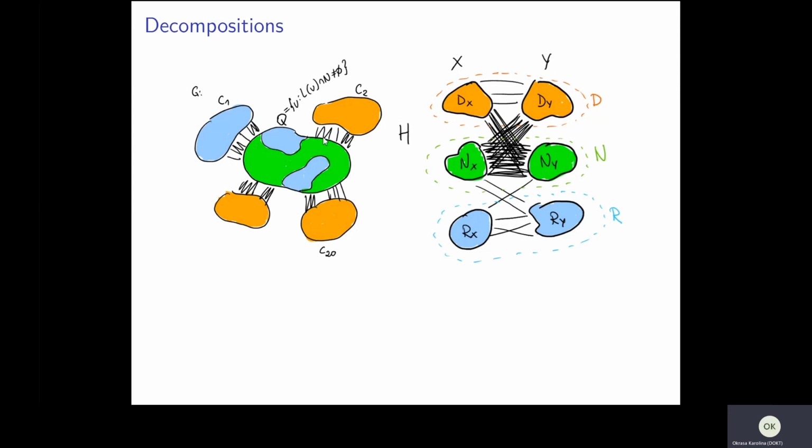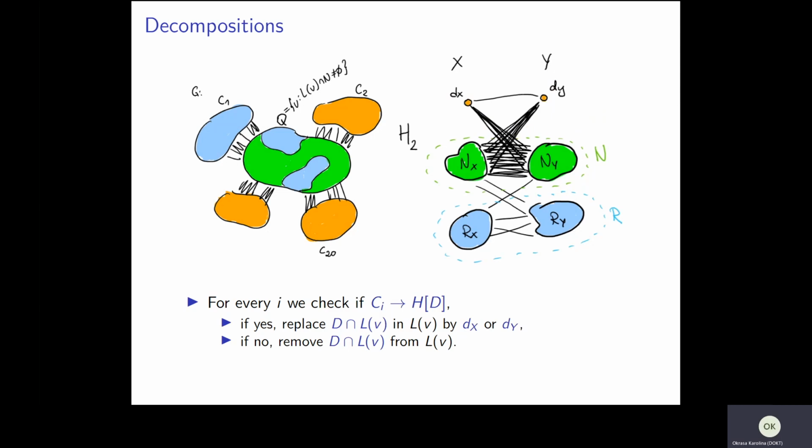And now we consider the following procedure for each Ci. For this component, we just check whether it admits a homomorphism to H[D], the graph induced by D. And then we construct an instance of L-Hom(H2), where H2 is a graph obtained from H by replacing those sets Dx and Dy, if they were non-empty, by single vertices, and if they were empty, they are still empty, right?